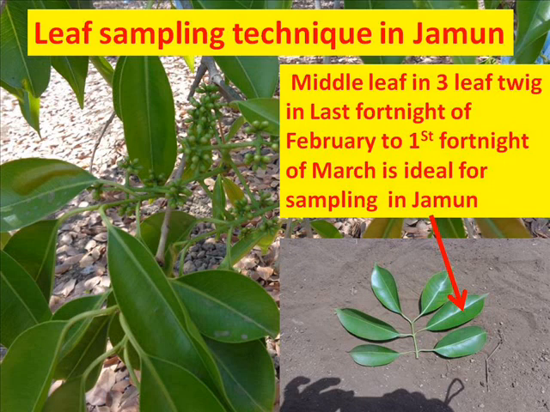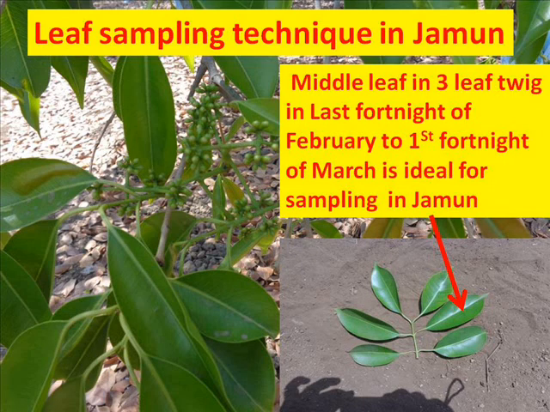These leaves continuously grow, the inflorescence also grows, and when the fruits mature they take nutrients from these recently matured leaves. Up to March the leaves have more nutrients.